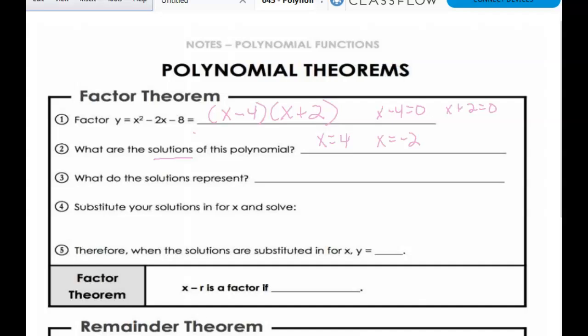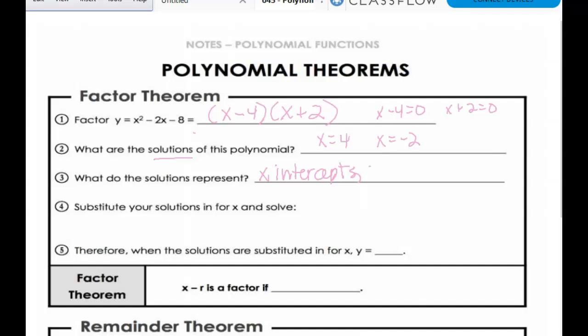And it asks, what do the solutions represent? Now, what do these solutions represent? This is a parabola. What are those two numbers? If I graphed it, what would those two numbers be? They would be x-intercepts. What's another word for x-intercepts?